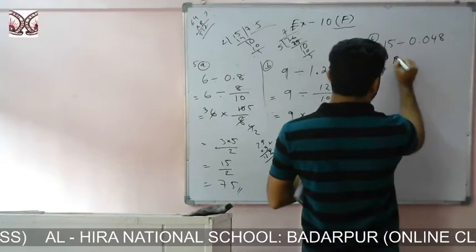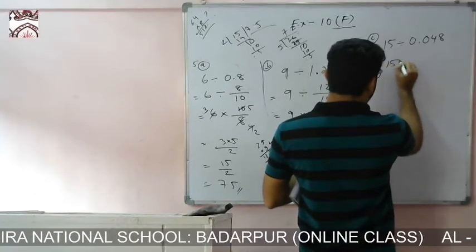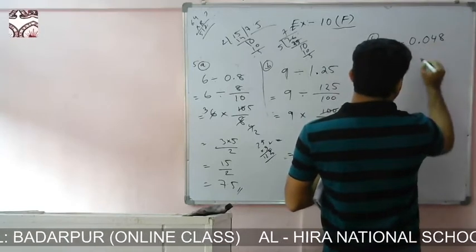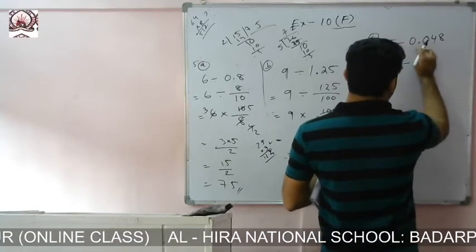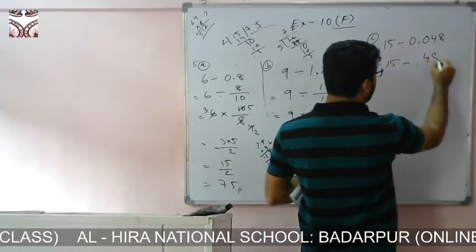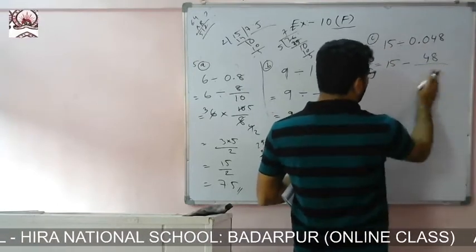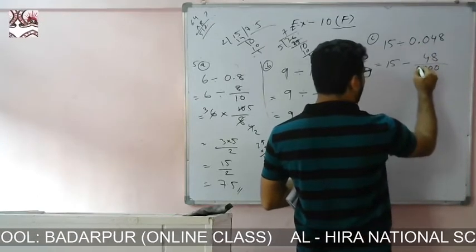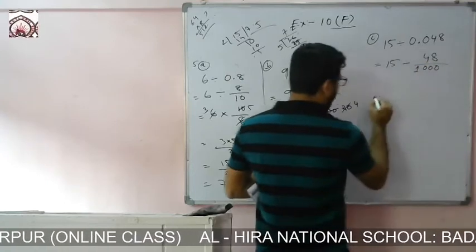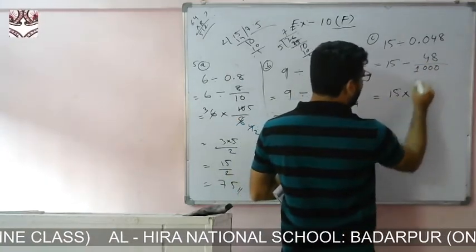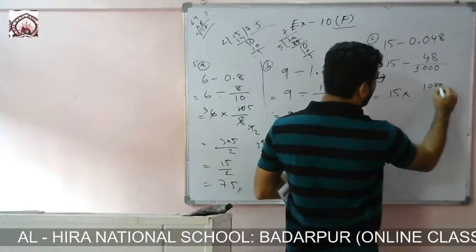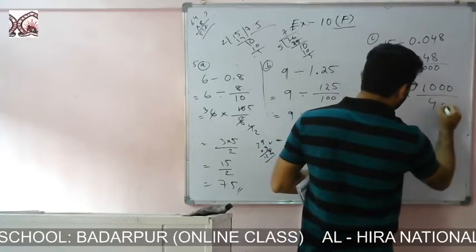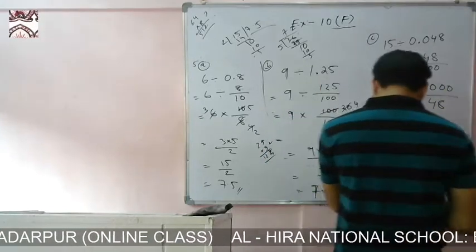So 15 divided by, if we omit this point, then it will become only 48. The 0 0 will not count. Then 1 2 3 places, and after the point we'll put 1. Okay. Then 15 into 1,000,000 divided by 48.